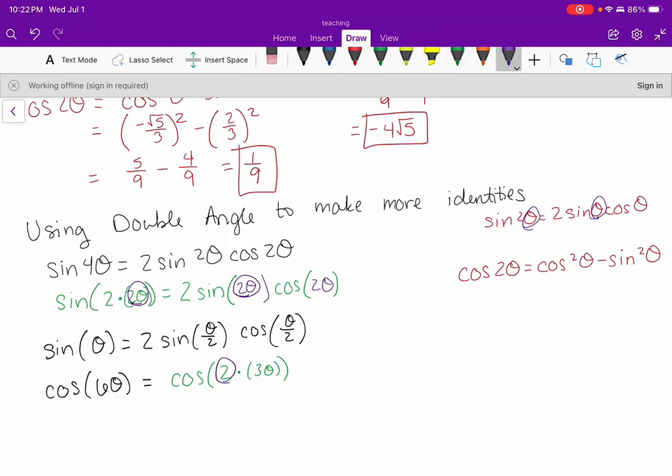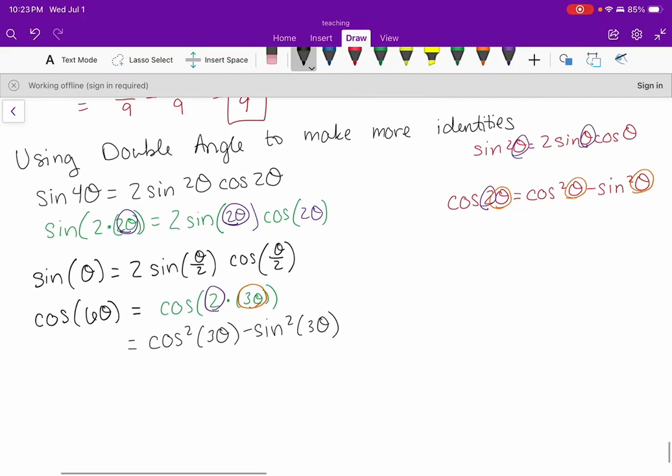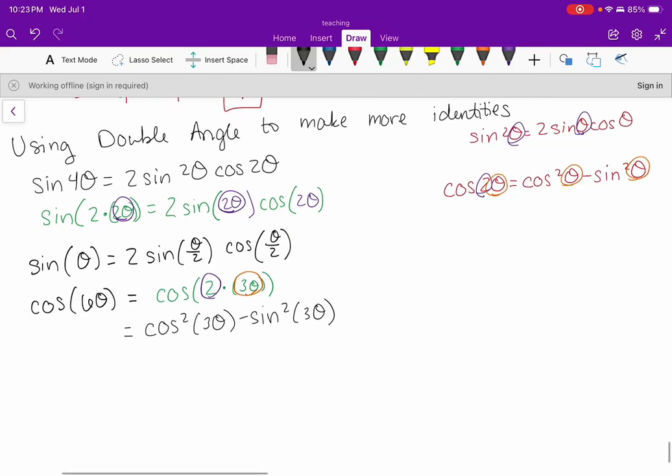This 2 and this 2 are the same, but now everywhere I see a theta, I'm going to replace it with 3 theta. So I would get cosine squared 3 theta minus sine squared 3 theta. Again, this isn't really something I will ask my students to do, but it's possible.